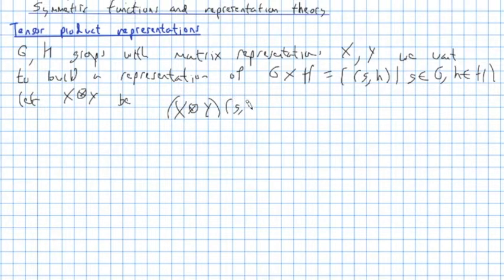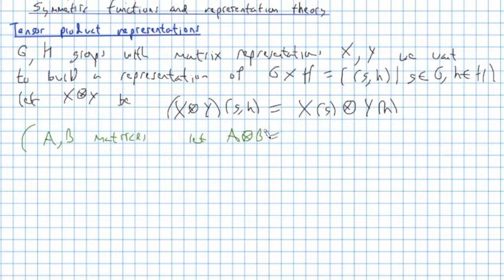The corresponding matrix associated to the pair G comma H is going to be the tensor product of the matrices X of G and Y of H. Where again, if we have two matrices, then we let A tensor B be the matrix of the form Aij B. So we scale the matrix B by the entry Aij.